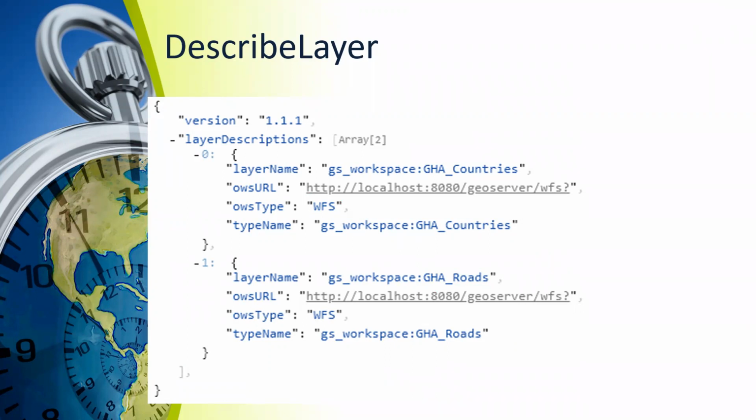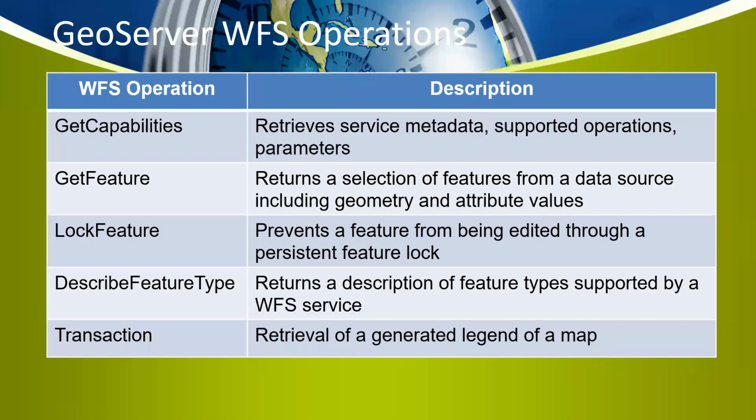In my case, it was returning a JSON, and you see there are two layers here: GHA countries and GHA roads were being returned. So let us look at the WFS. The WFS operations: we have the get capabilities, which we have been looking at. It retrieves service metadata, supported operations and parameters, just similar to the previous one for the WMS. Then we have the get feature.